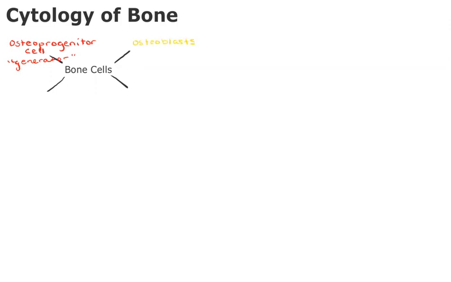Osteoblasts are going to be our builder cells. They're going to secrete the matrix or the osteoid that builds our bone. If you don't know what osteoid is, check out the bone composition video. Then we have osteocytes. These are our managers.